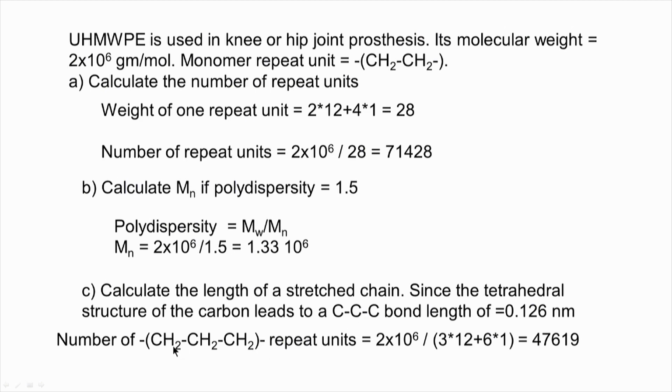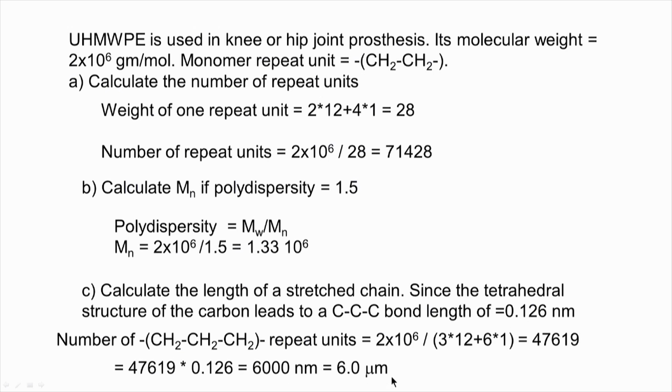So, we need to calculate the mass of that, which is 3 into 12 plus 1 into 6. So, we have the molecular weight as 2 into 10 power 6 divided by 42. So, that leads to 47,619 repeat units, and if you multiply that with 0.126, we get 6000 nanometers, which is 6 microns.